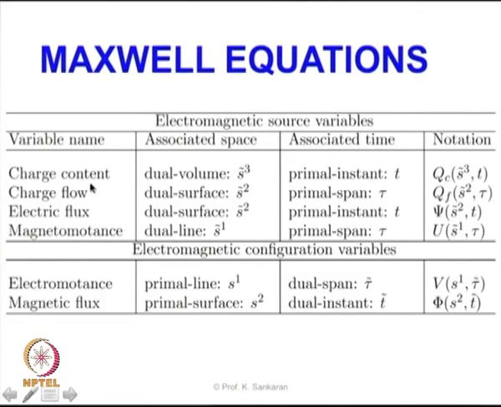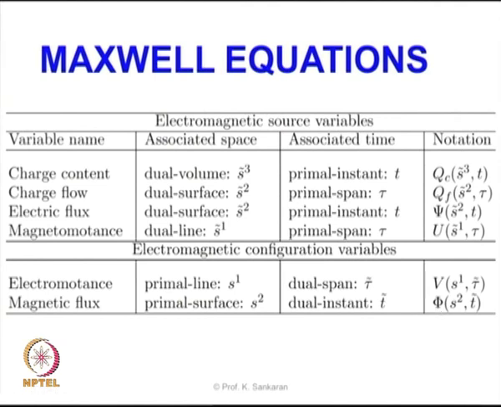So we will see we have got various variables: charge content written as QC, the charge flow written as QF, the electric flux written as psi, magnetomotance written as capital U, electromotance written as capital V, and magnetic flux written as capital Phi.